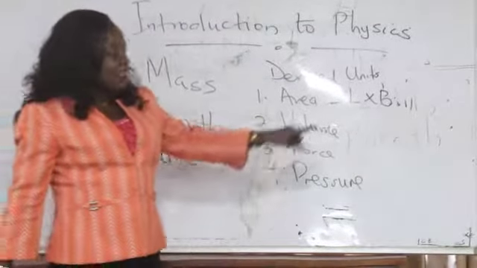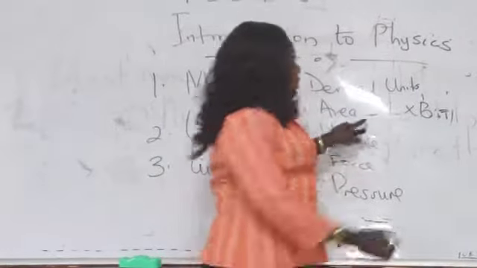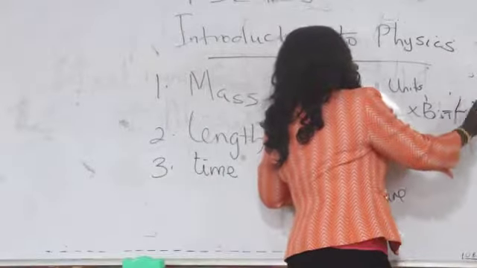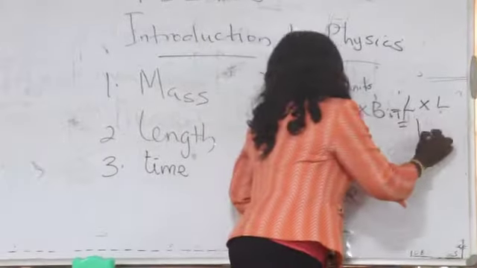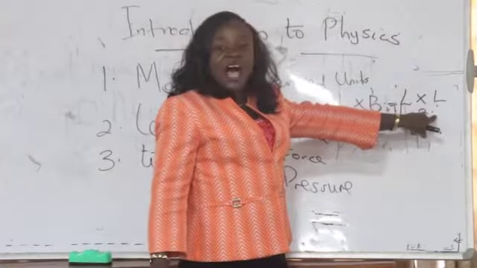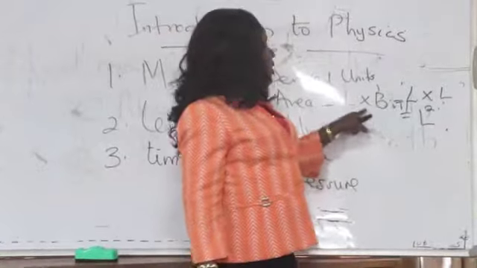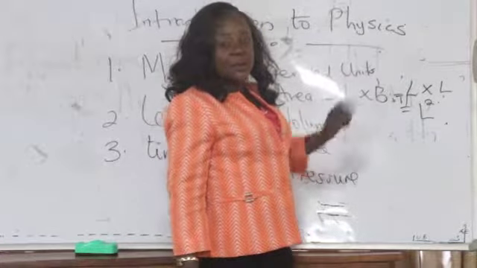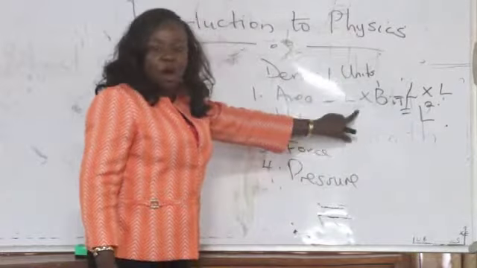When we have length and breadth, it means we have double length, which is length times length, which gives us length squared. We call this one a derived unit of area.